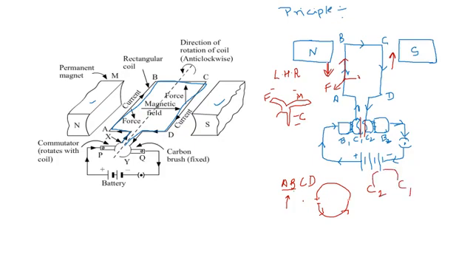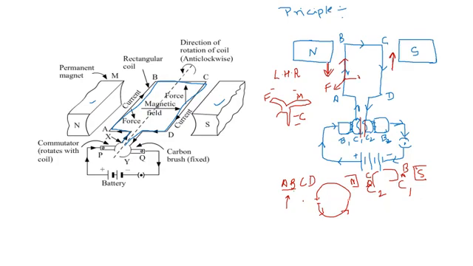And what will happen? Now this DC will come on the North Pole side, and AB will come on the South Pole side. Now DC will go down. Initially the DC had gone up.